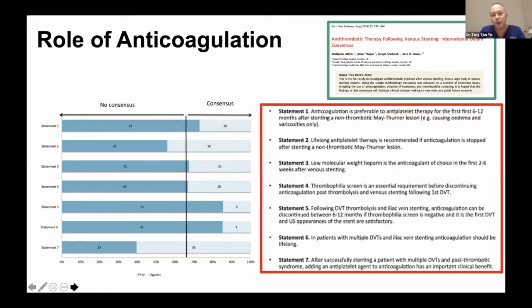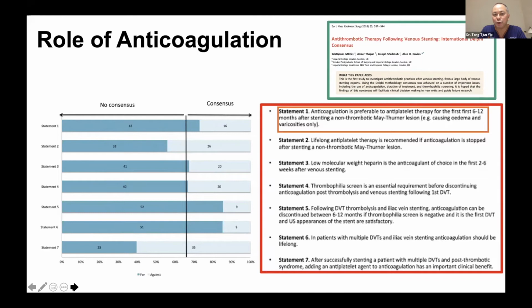I just really want to pull up this Delphi consensus, which was published only recently, about a couple of years ago, stating which anticoagulation should be put on these patients. I think this Delphi consensus said a few things. Anticoagulation is preferred over antiplatelet agent, especially for the period when the stent becomes endothelialized.